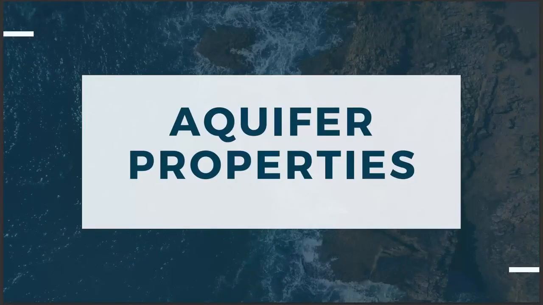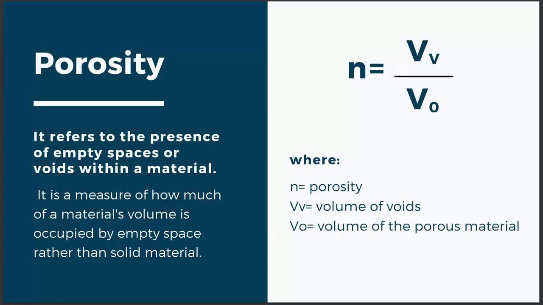So, what are the different aquifer properties? So, first, meron tayong tinatawag na porosity. It refers to the presence of empty space or voids within the soil. No? So, porosity, that is simply the volume of voids over the volume of the porous material, VV over VO.